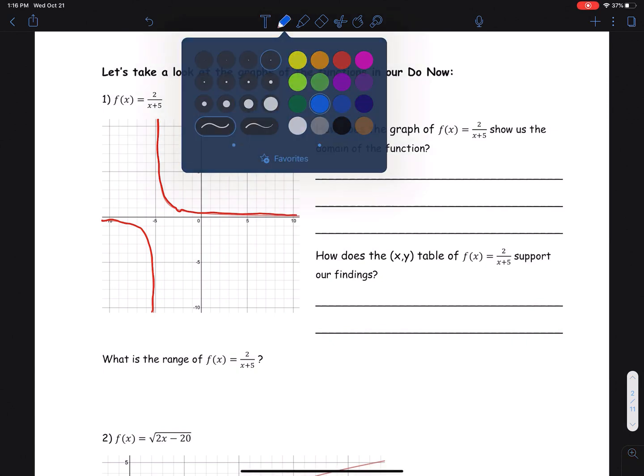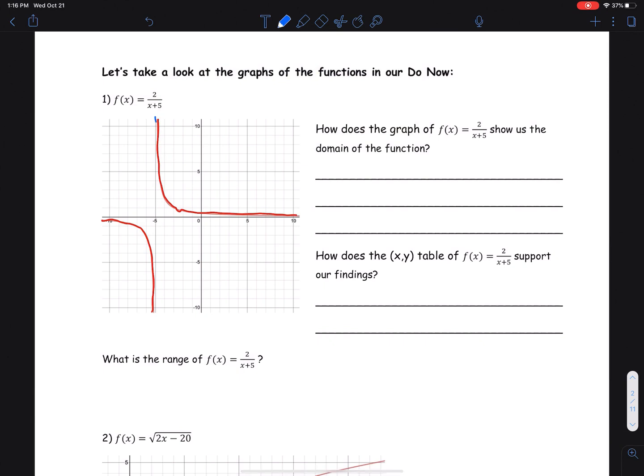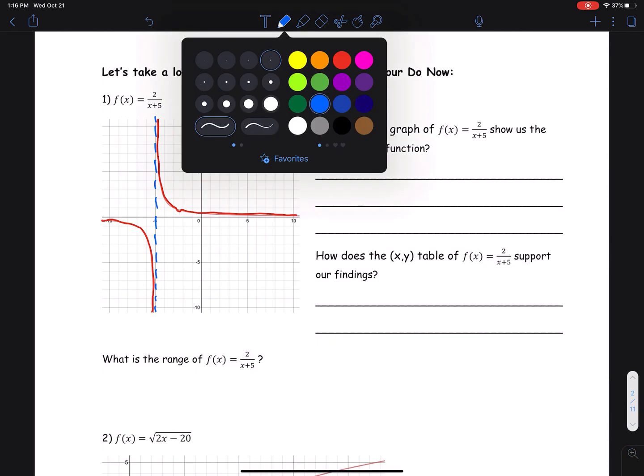Those lines are never crossing the line x equals negative 5. So there's never going to be a point when x equals negative 5 on this graph for this equation, f of x equals 2 over x plus 5. So that is not going to be in our domain.